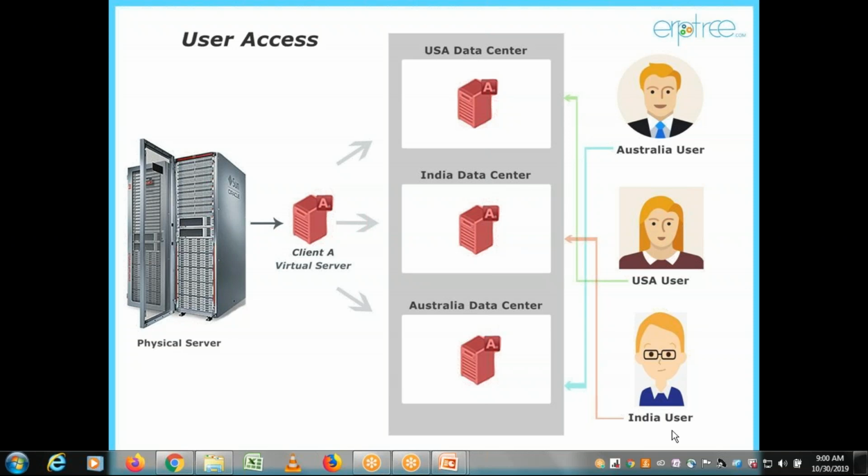When an India user tries to connect to the server, since the server is available in the India data center, the response would be very fast. Otherwise, if an India user tries to connect to the virtual server in the USA data center, it is a little more time-consuming compared to the virtual server available in the India data center.